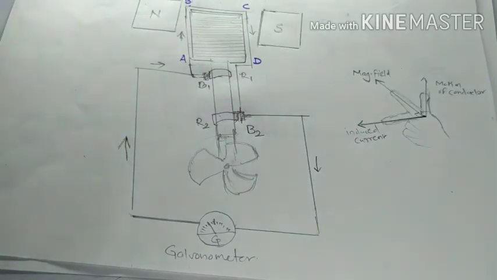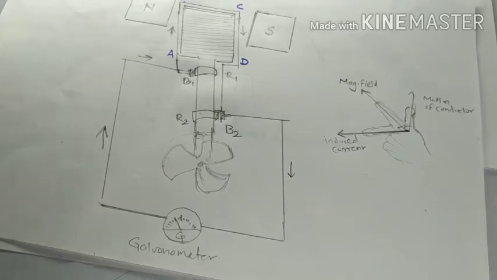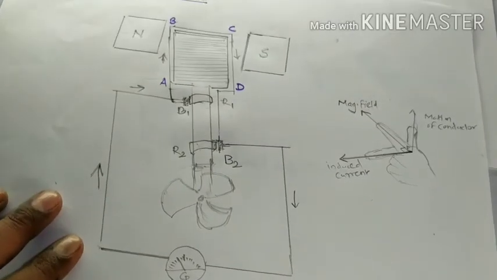The branch BA is always in contact with brush B1 and the branch DC with B2, so in the external circuit the current flows from B1 to B2, the opposite of before. This repeats after every half rotation, so an alternating current is produced. This is what is called an AC generator.